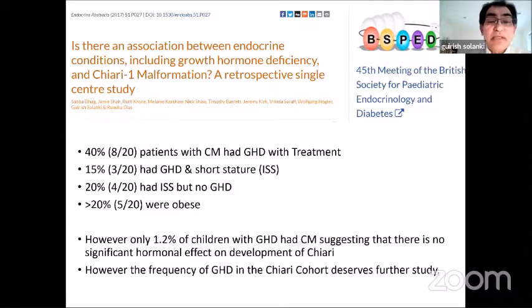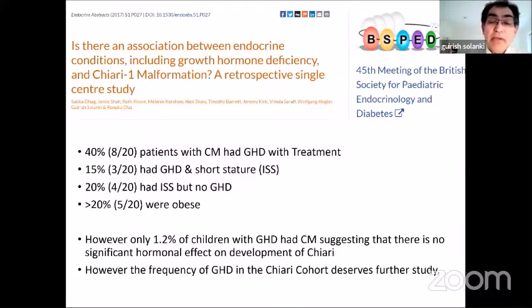So 40% of the patients with Chiari malformation had growth hormone deficiency on treatment. 15% had growth hormone deficiency and short stature, which is what we call the idiopathic short stature. 20% had short stature, but no growth hormone deficiency. And more than 20% were obese, but that again is related to the epidemiology of children in the UK.